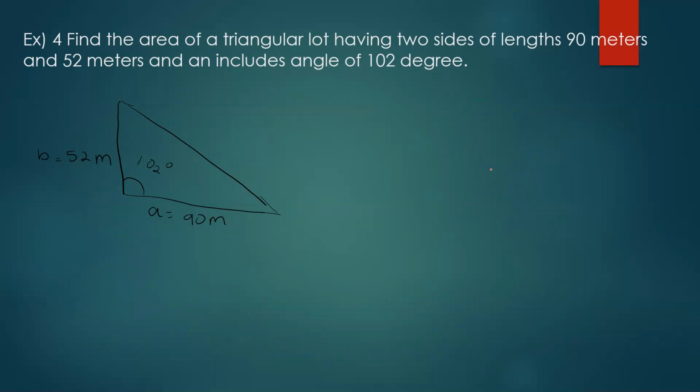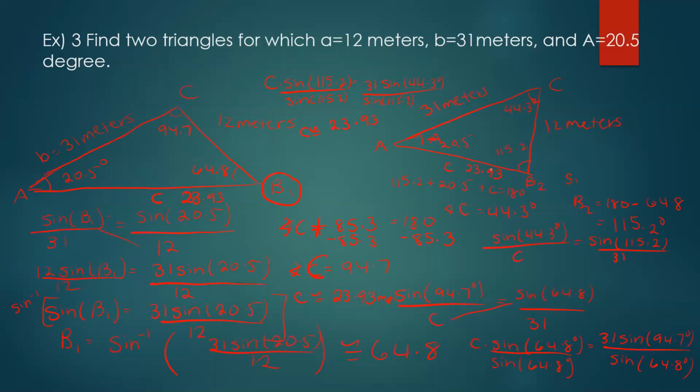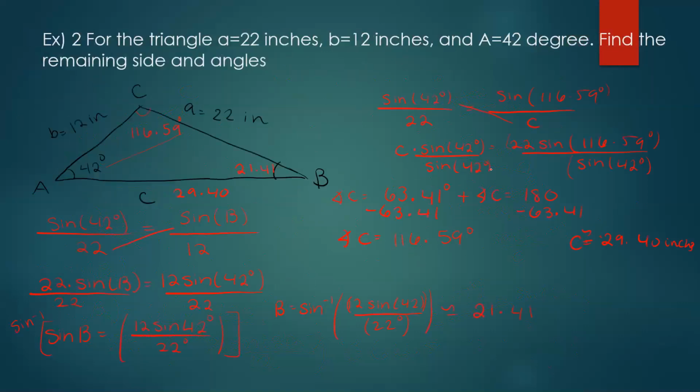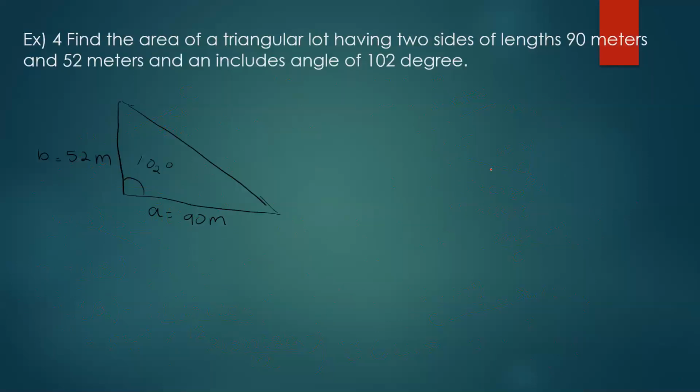This is actually almost done for you, because all we got to do is use the correct formula. If you go back, the law of area of oblique triangles is either 1, 2, 3, right? They give us b and a and angle 102, so we're going to have to use this formula.